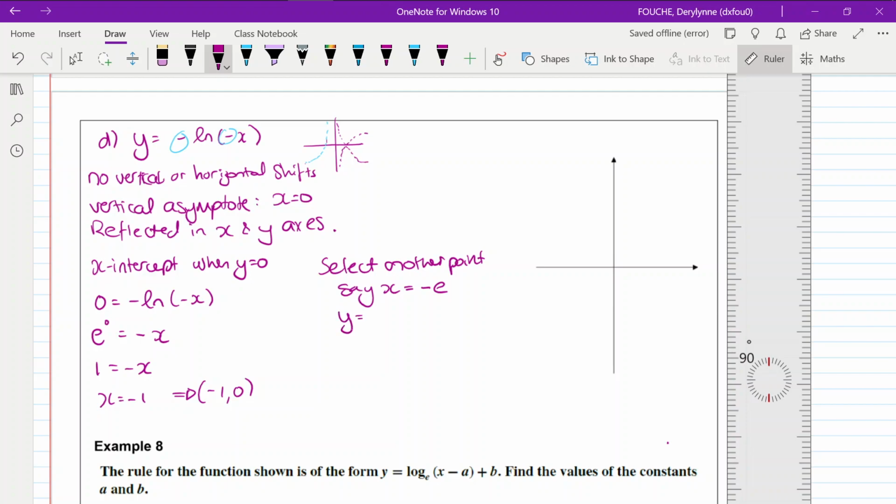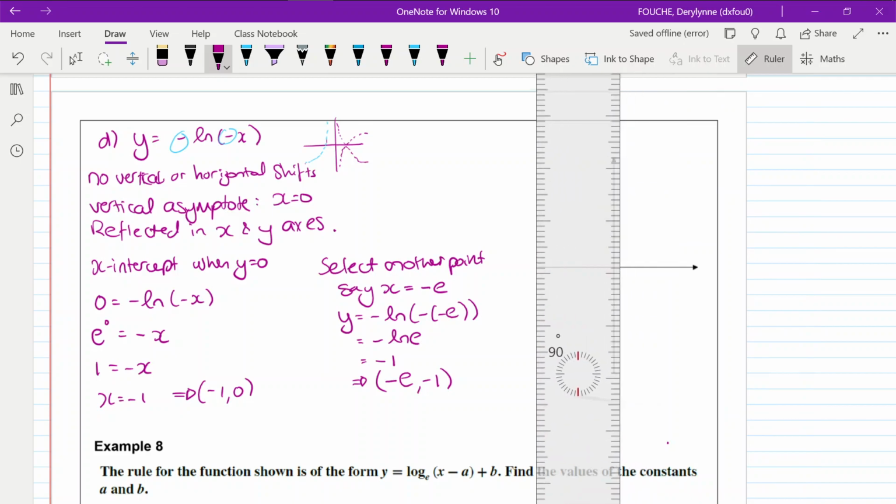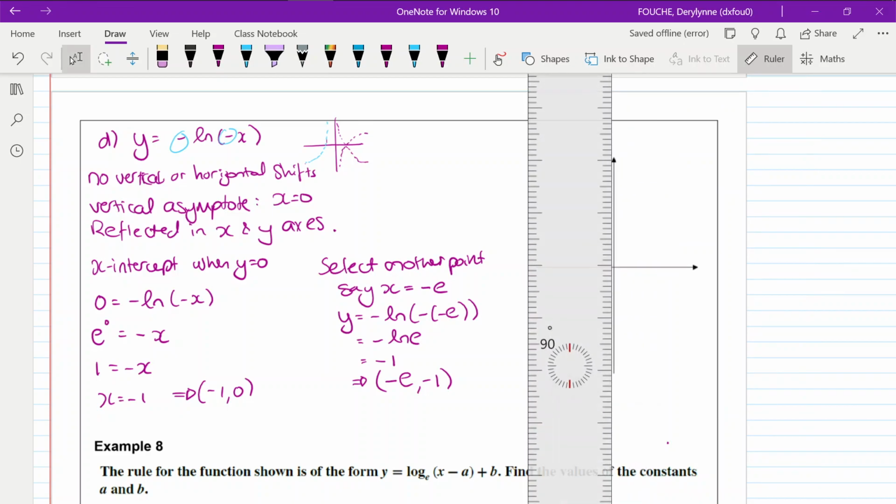Okay, so I get y equals negative ln of negative e, and that gives me negative ln e, which is equal to negative 1. So therefore I have a point at negative e and negative 1. I've now got 2 points, and I can sketch my function.